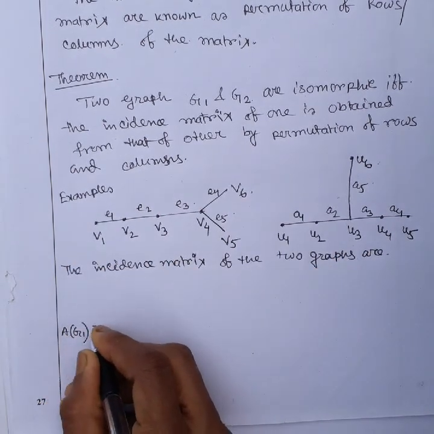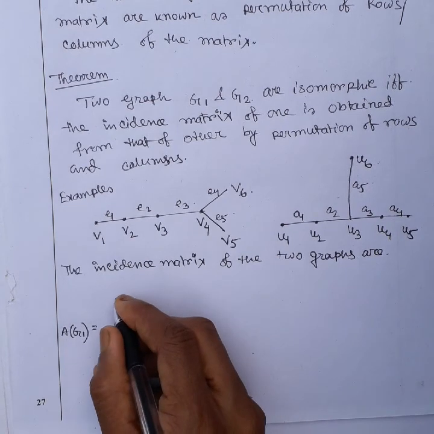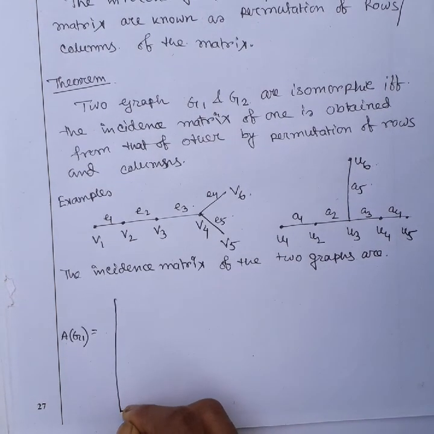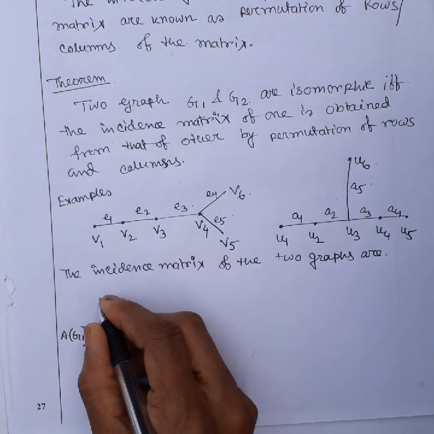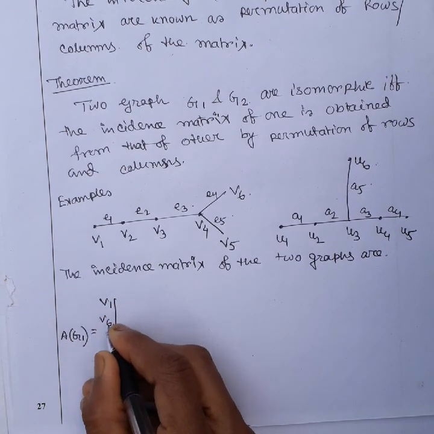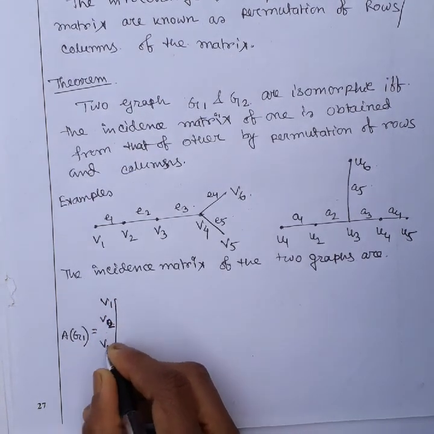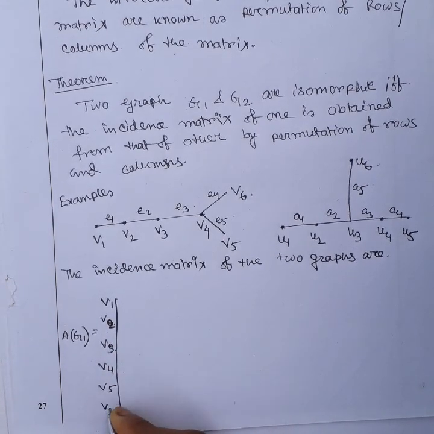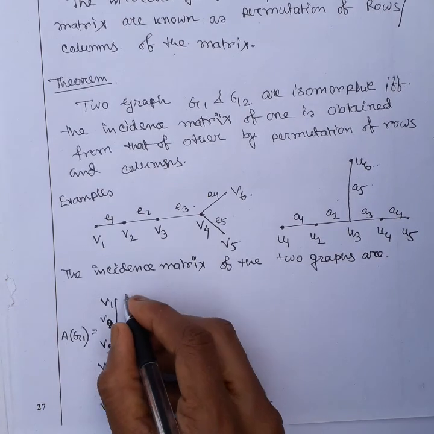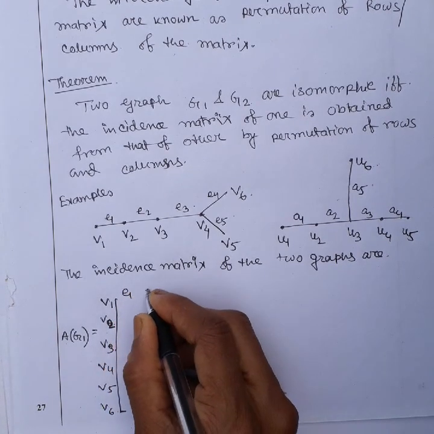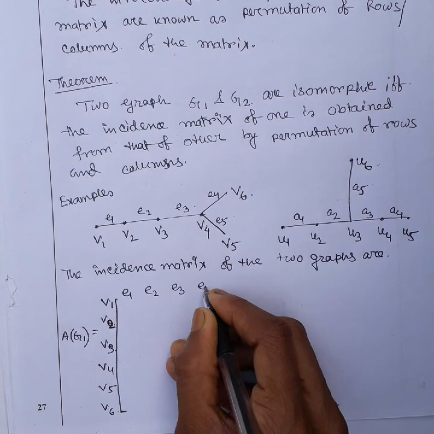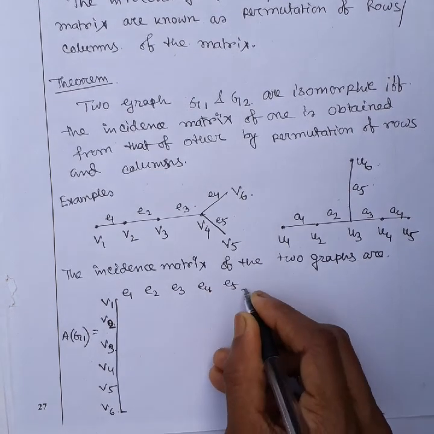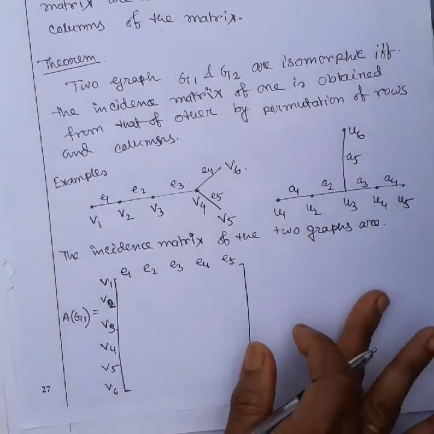A of G1 equals, here 6 vertices, that means 6 rows, V1, V2, V3, V4, V5, V6, and 5 edges, that means 5 columns, E1 to E5.